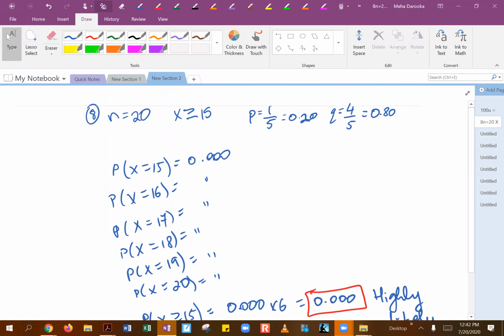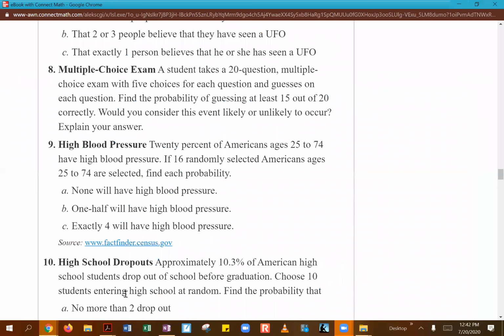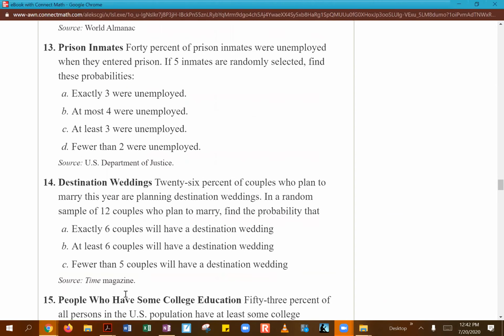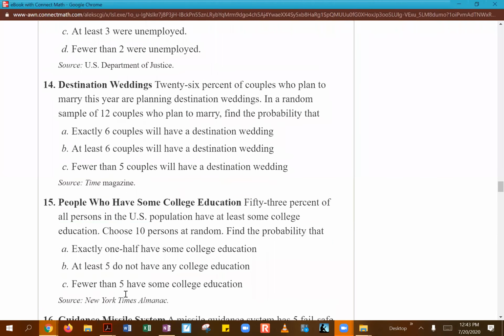So that is basically if we had to pick students who got at least 15 out of the 20 questions correct, that's a very, very unlikely scenario. Okay, so number 8, you can kind of see how this answer came out to be. Now let's do number 14 over here.